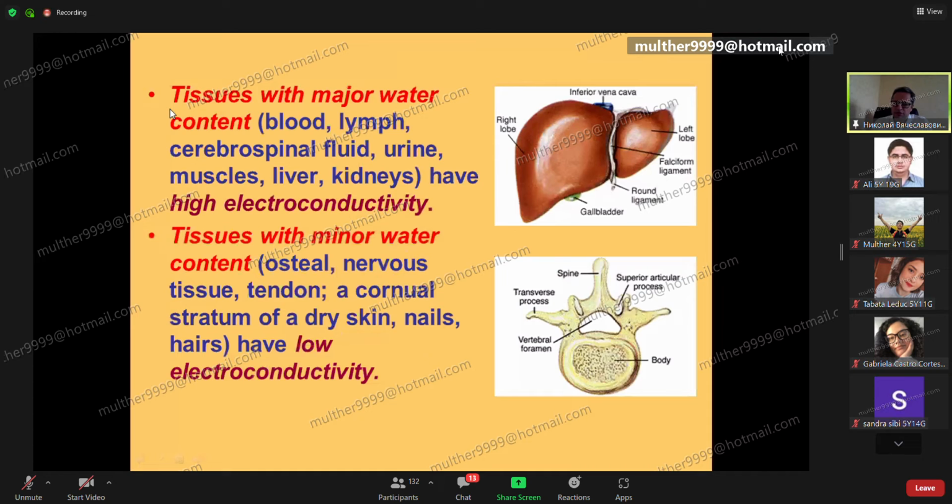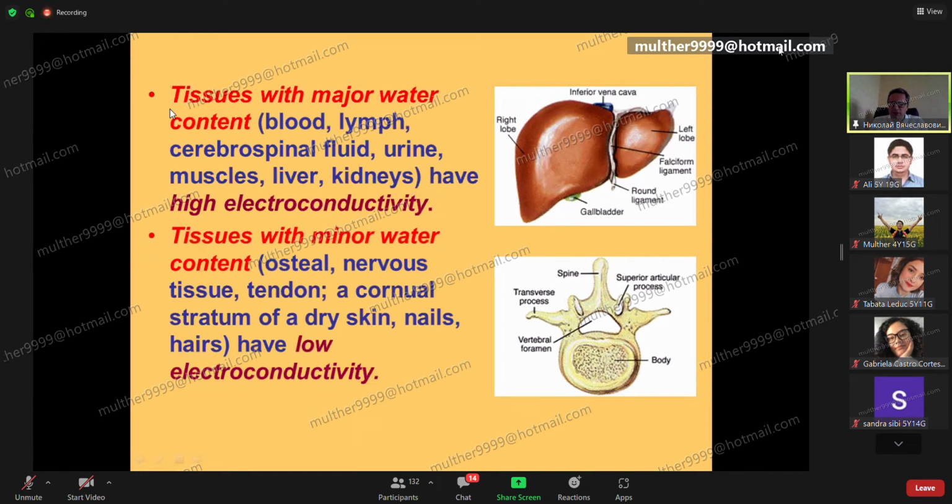So the tissues with major water content and so with a low impedance are blood, lymph, cerebrospinal fluid, urine, muscles, skeletal mostly, liver, and kidneys. These organs have high electroconductivity.